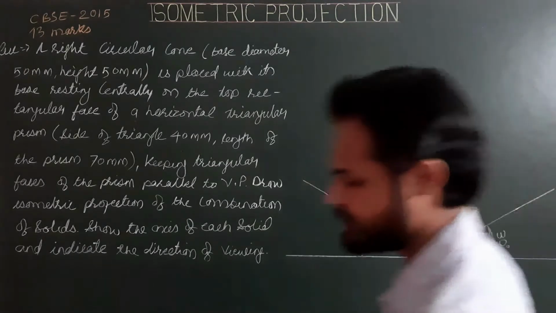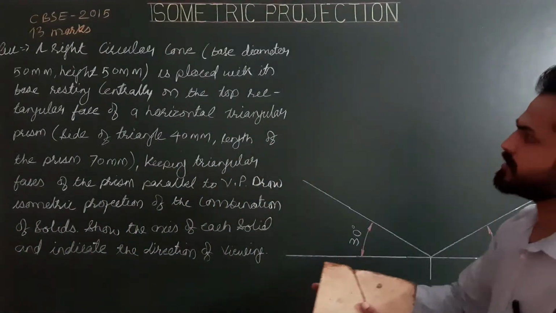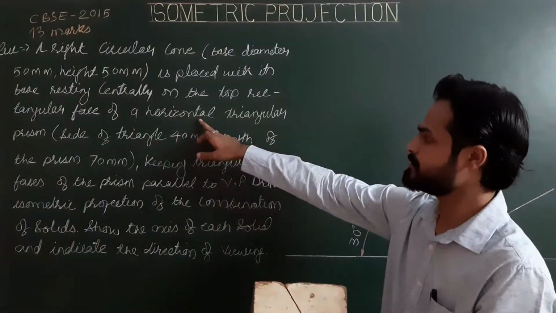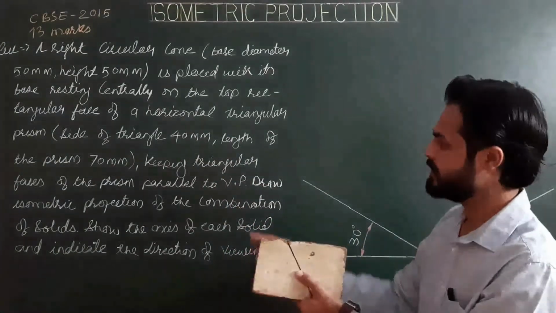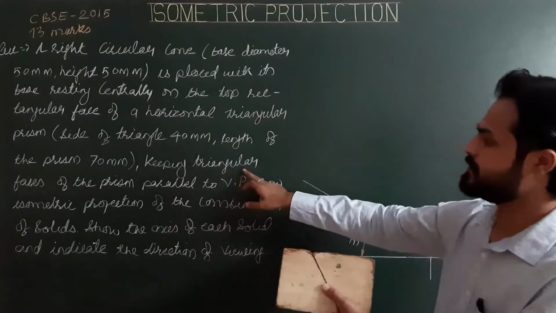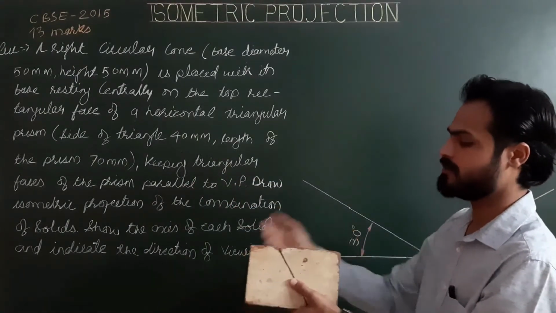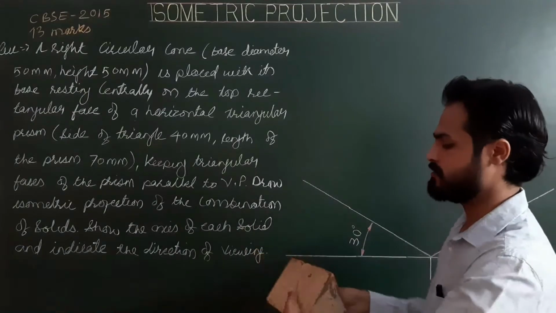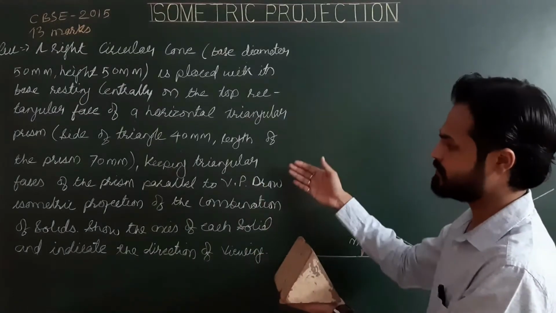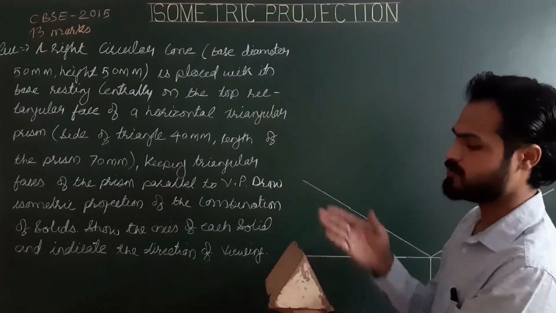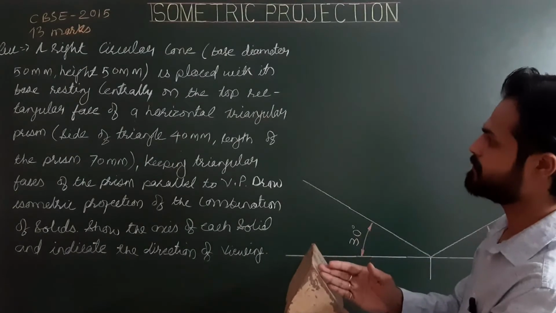Here, the first solid, triangular prism, is horizontal. Horizontal means the axis of the prism is parallel to HP, and keeping triangular faces of the prism parallel to VP. So these two opposite triangular faces are parallel to VP. If you assume this board as the vertical plane, then these two faces are parallel to the board or parallel to VP.